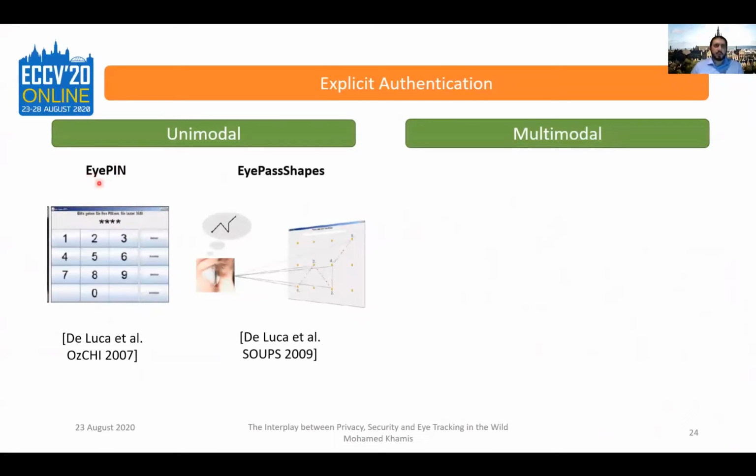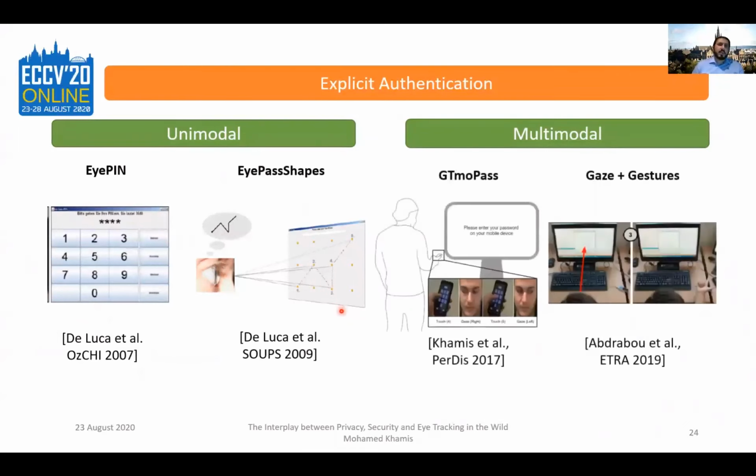So iPin responded to dwell time, and here you basically performed patterns using your eye movements. But then you could use eye gaze together with another input modality, like the example we saw earlier. And there has been some work about that. There are very nice ways you can improve authentication schemes by combining multiple modalities. And eye gaze is particularly helpful here.